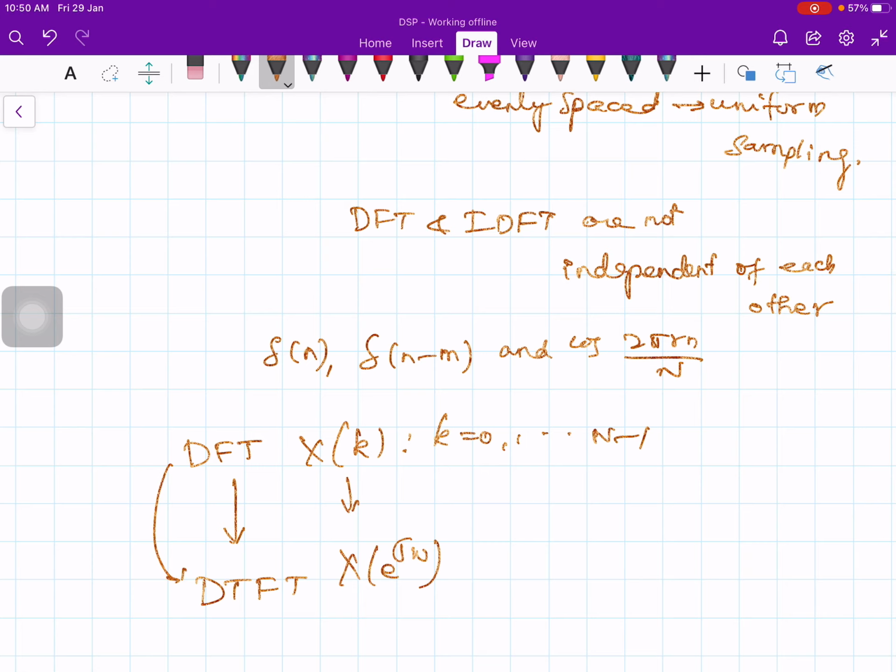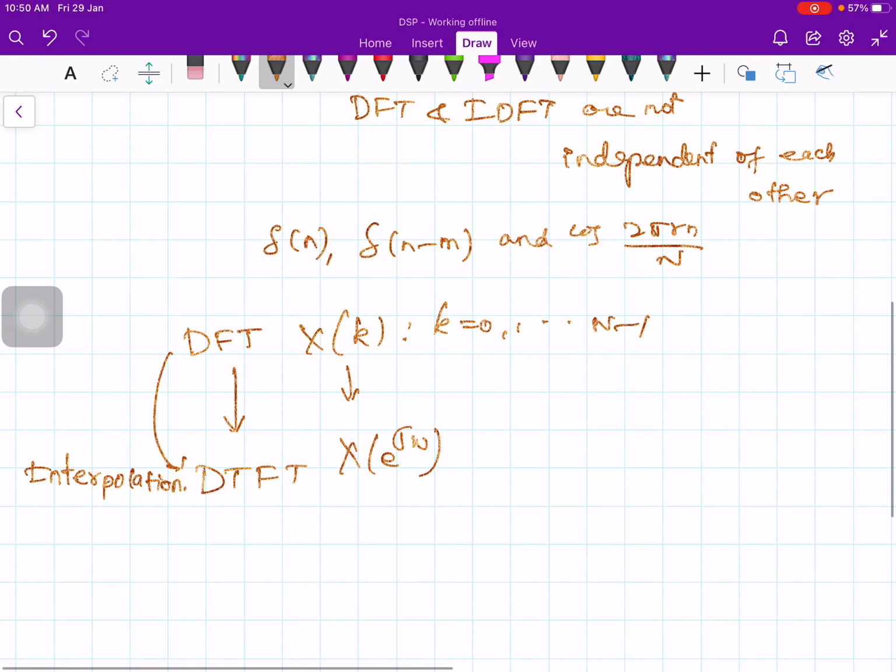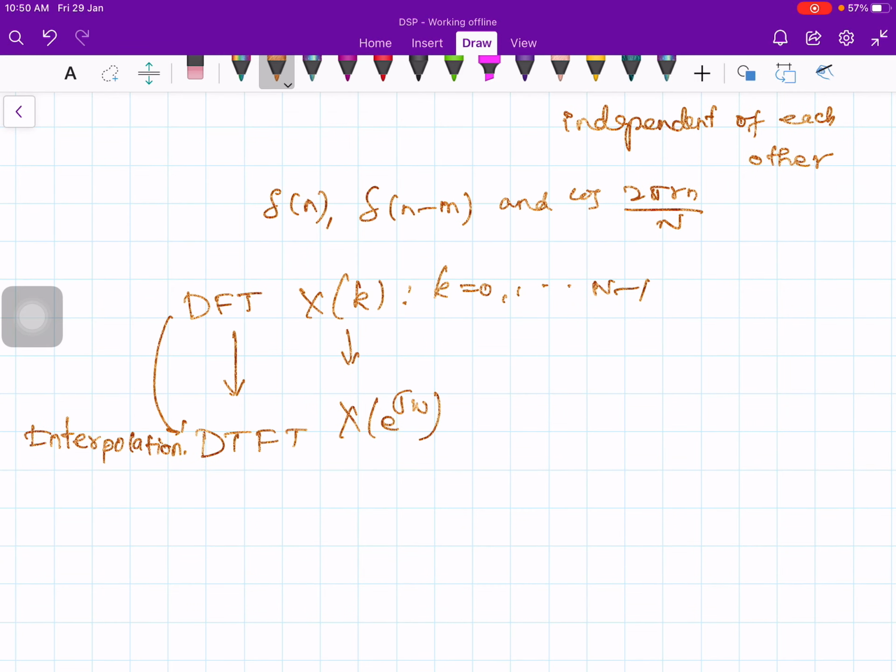That process is called interpolation. The interpolation formula does not look very nice, but it can be programmed, and then you can rapidly compute the in-between samples of DFT using that formula.